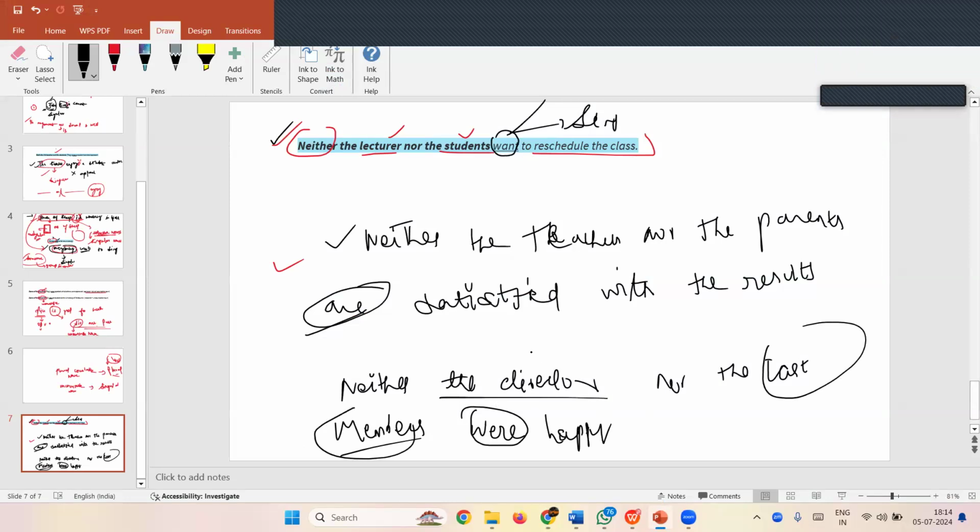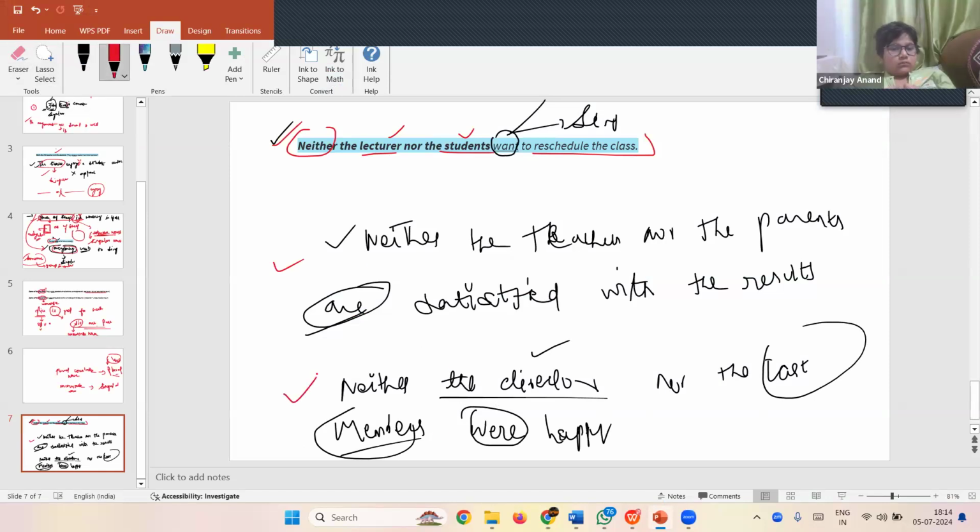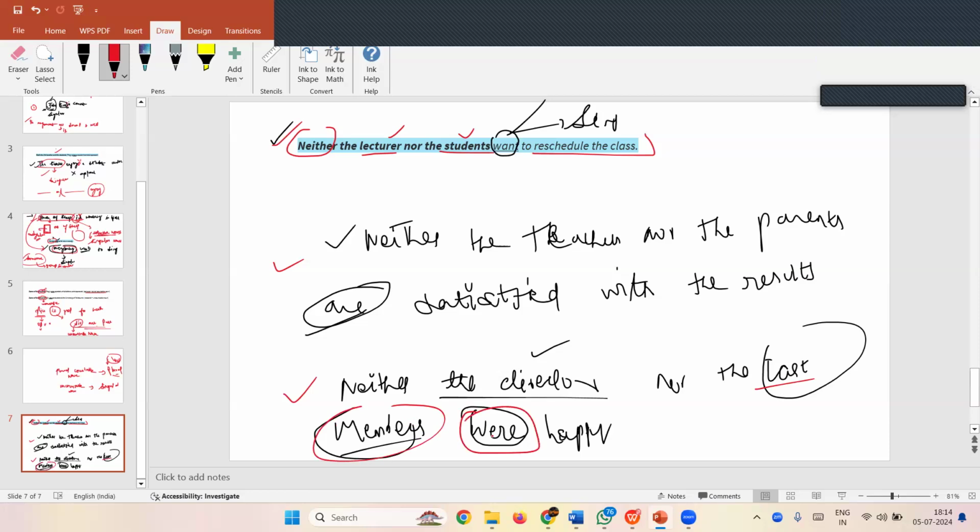Yes, ma'am. Both of them are subjects. So as per the rule, this sentence is correct. Cast members are plural, so the nearest subject is plural, so I can use a plural verb here. This is correct as per my rule.